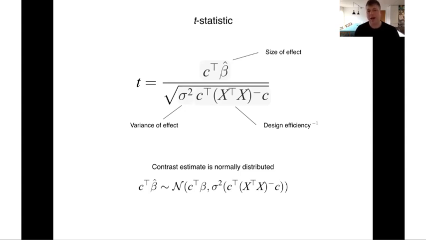And it measures how efficient the experimental design, the design matrix X, is for a particular contrast. And at the same time, it scales the standard error that is used in the t-statistic. And we also note that the contrast estimate itself is normally distributed.